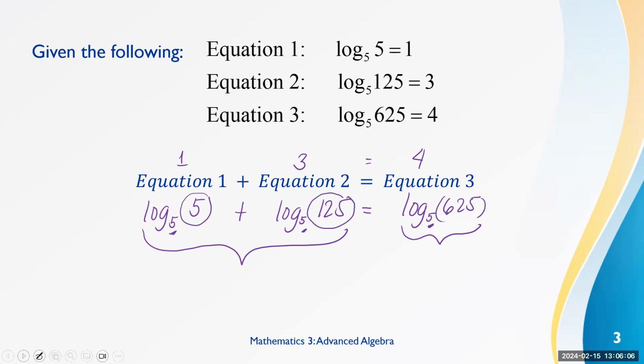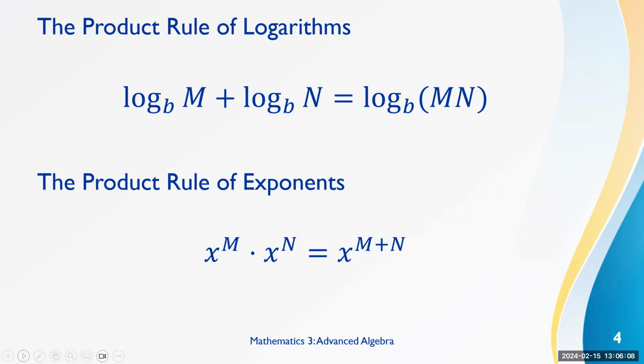So that is our first law, or the product rule of logarithms. The product rule states that if we have log base b of m and we add that to log base b of n, then the resulting answer would be log base b of the product of m and n.